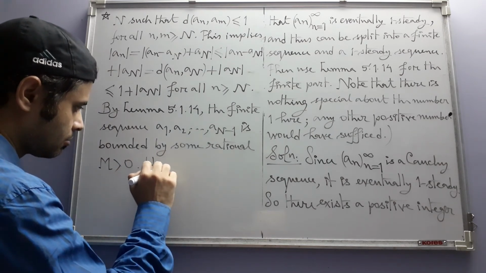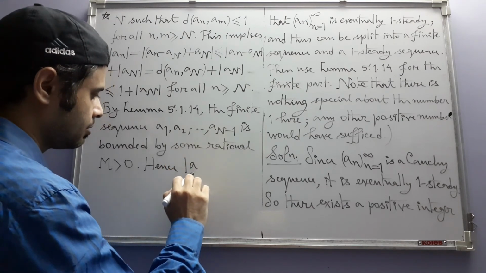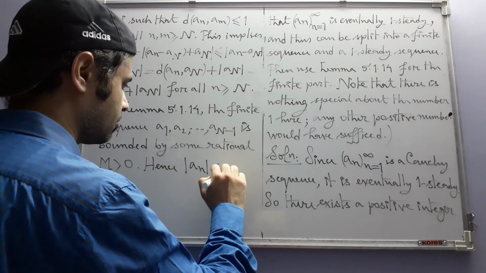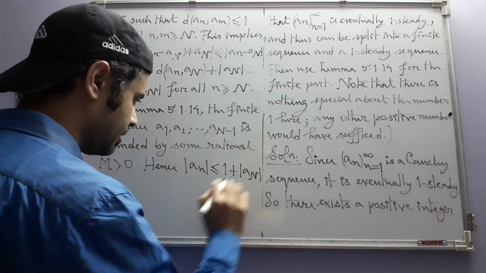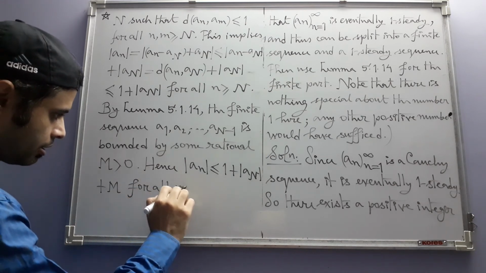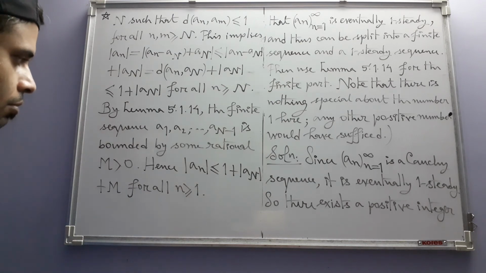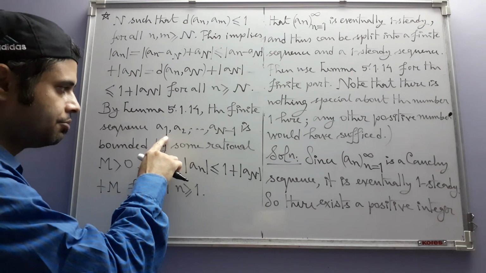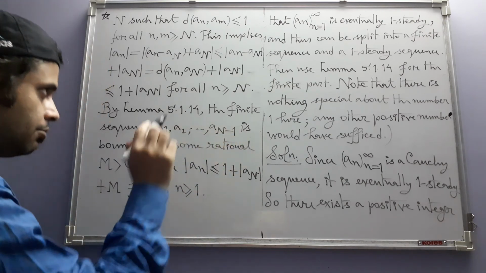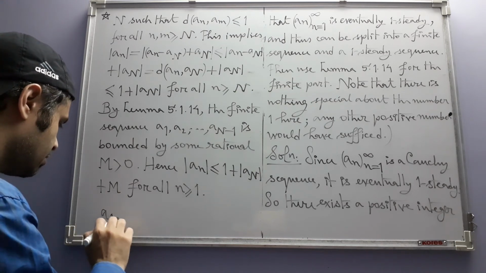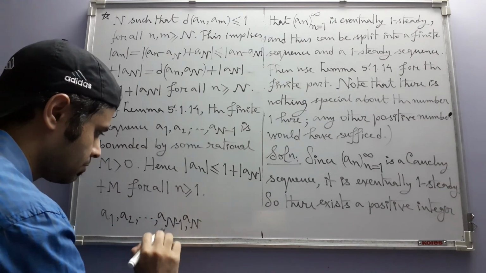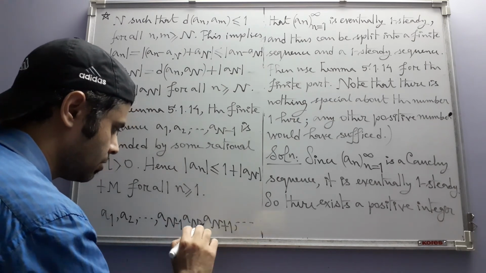Hence, you can see that the absolute value of a_n is less than or equal to 1 plus absolute value of a_N plus M for all n greater than or equal to 1. Why? If the value of n lies between 1 and N minus 1, including 1 and N minus 1 also, then, you see what the hint suggests, the original sequence looks like this: a_1 up to a_{N-1}, a_N, a_{N+1} and so on.